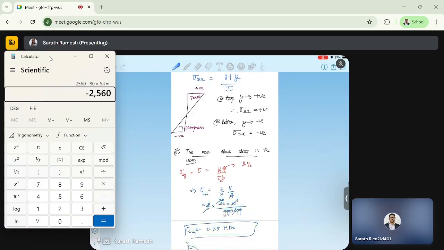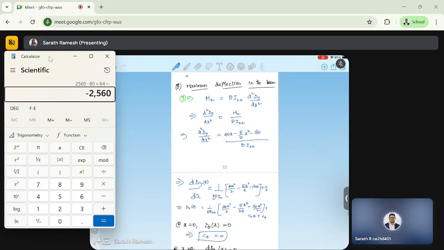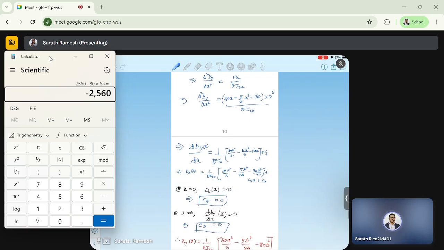So I'm going to multiply here by 10 power 6, because of kilonewton and meter.